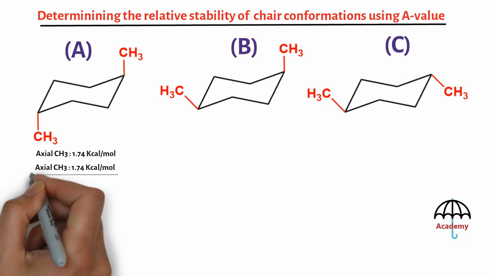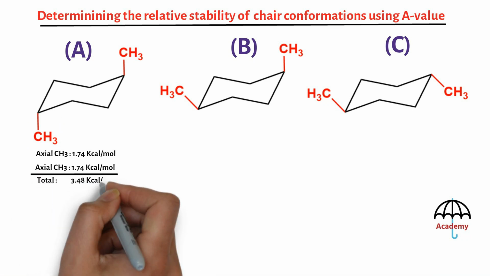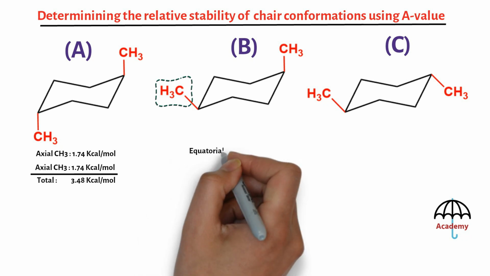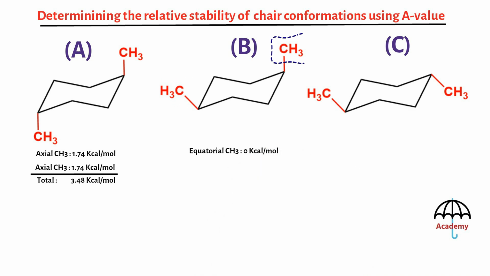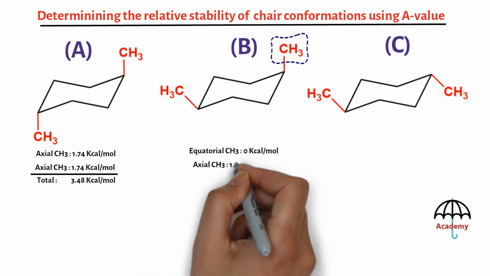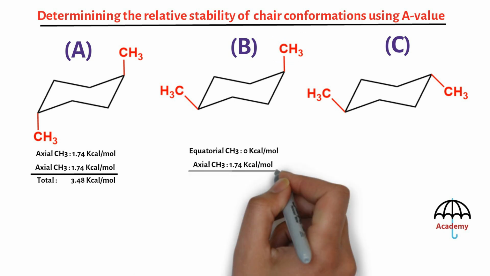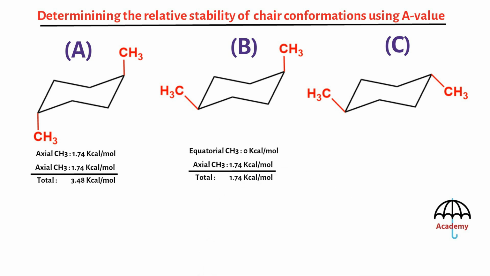Adding the two values, the total torsional strain is 3.48 kilocalories per mole. For the conformer B, the equatorial methyl doesn't contribute any torsional strain. The axial methyl contributes 1.74 kilocalories per mole. The total torsional strain in the conformer is 1.74 kilocalories per mole.